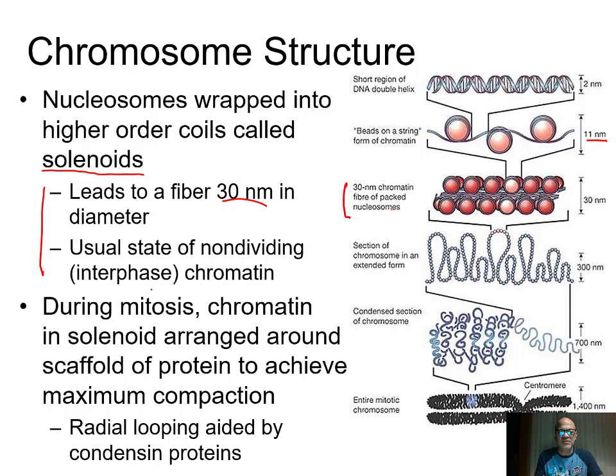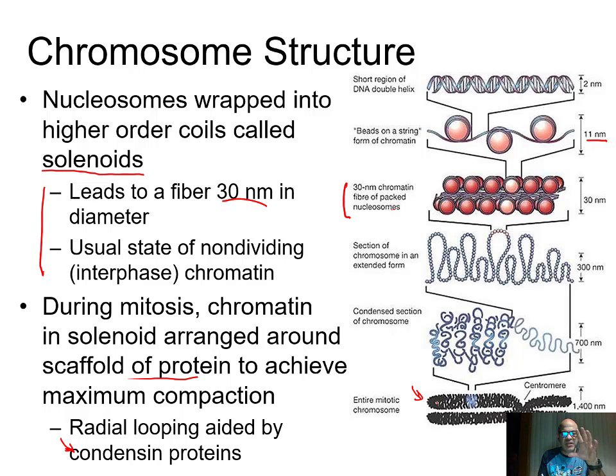And so these coil-like structures are going to be further arranged or scaffolded with scaffolding proteins, and those proteins are called condensins. They fit a general category of proteins that are also seen in prokaryotes that help organize the chromosome overall. And so eventually you get to this chromosome that we saw in the karyotype.